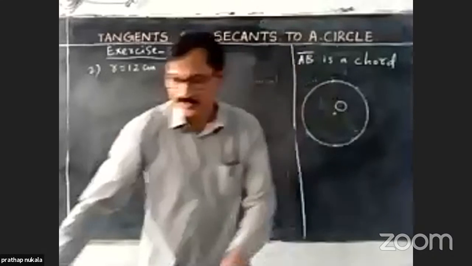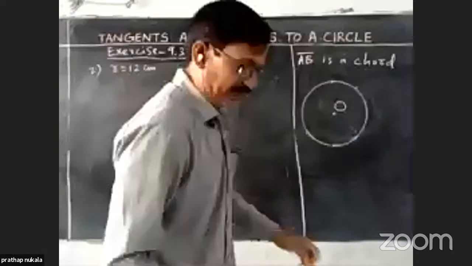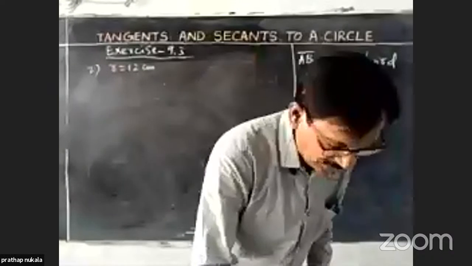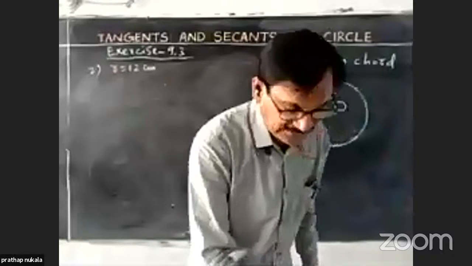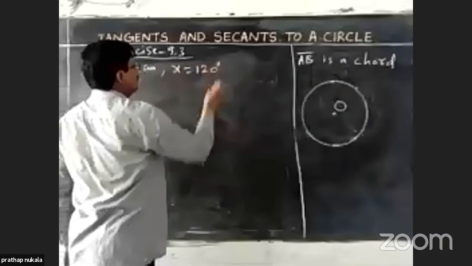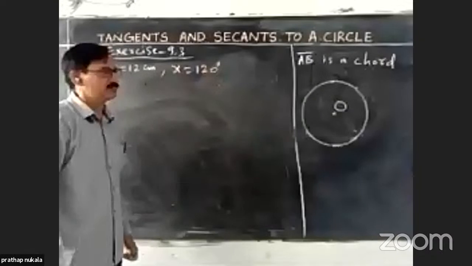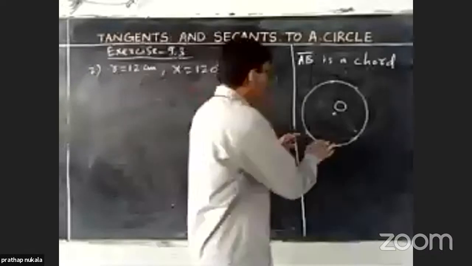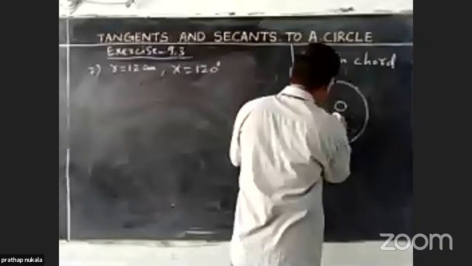But here, what is given about the sector angle? Radius is 12 centimeters and a chord subtends an angle of 120 degrees at the center. That means the sector angle is given as 120 degrees.